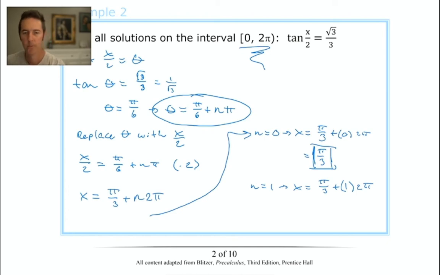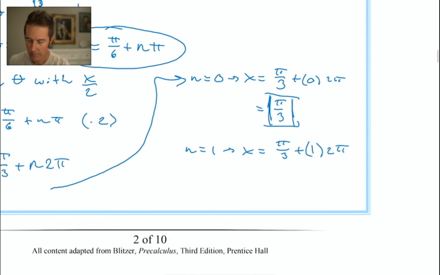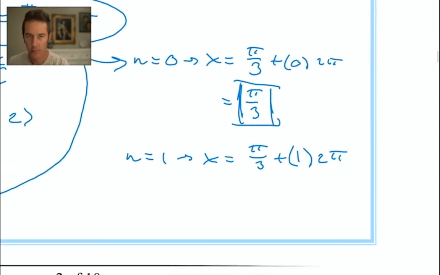Now, granted, I know what to look for, but if I'm supposed to be keeping my x values between 0 and 2 pi, well, this is 2 pi plus some more stuff. That puts me over the mark, past the mark. I'm now larger than 2 pi, which means I'm not even going to figure out what this is with a common denominator. I don't even care that it's 7 pi over 3.